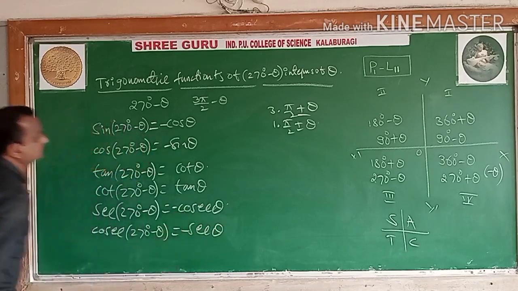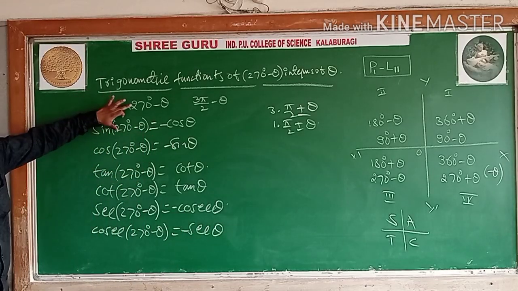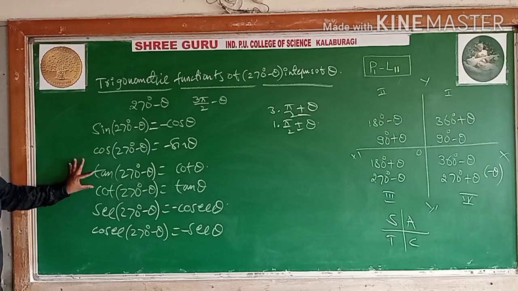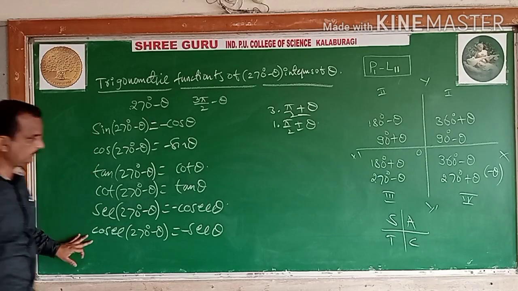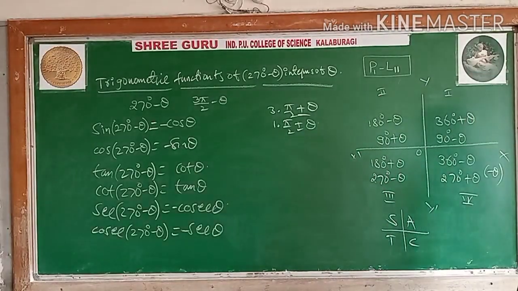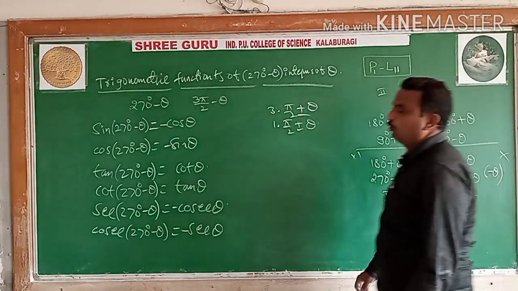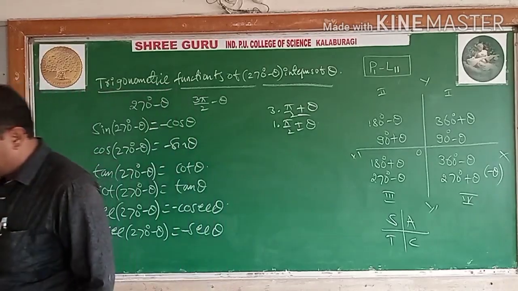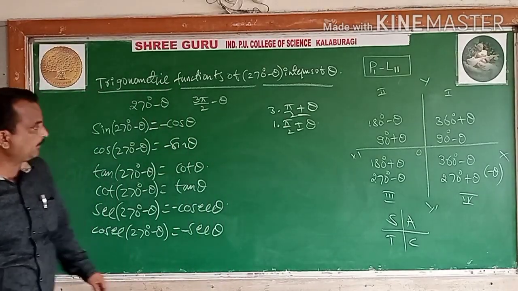It is also negative. Third quadrant angle, these two only are positive. Remaining are negative. Tan and cot are positive. So this is 270 degree minus theta.